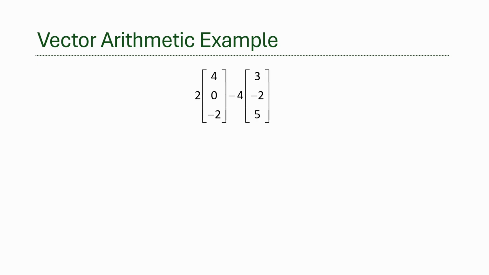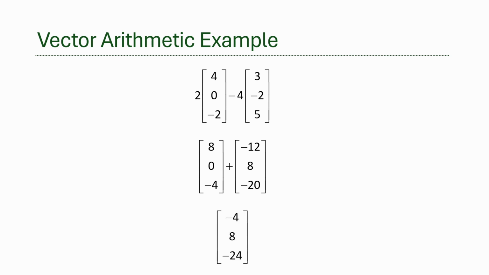I'm going to multiply all the terms of the first vector by 2 and all the terms of the second vector by -4. So the vectors become (8, 0, -4) and (-12, 8, 20). Now I can add them together just by adding their components. 8 plus -12 is -4, 0 plus 8 is 8, -4 plus -20 is -24. And that really is all there is to scalar multiplication and addition of vectors.